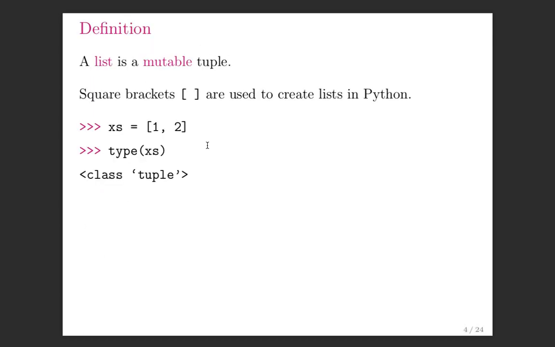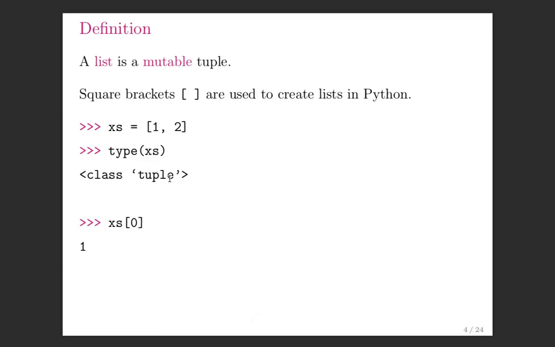Okay, so a list is basically just a mutable tuple. Take a tuple, make it mutable, and suddenly we have a list. A square bracket is used to create a list in Python. So I can say xs is equal to square bracket 1, 2. That's going to create a list of 2 elements. I can ask for the type of xs, and it says the type is list, not tuple.